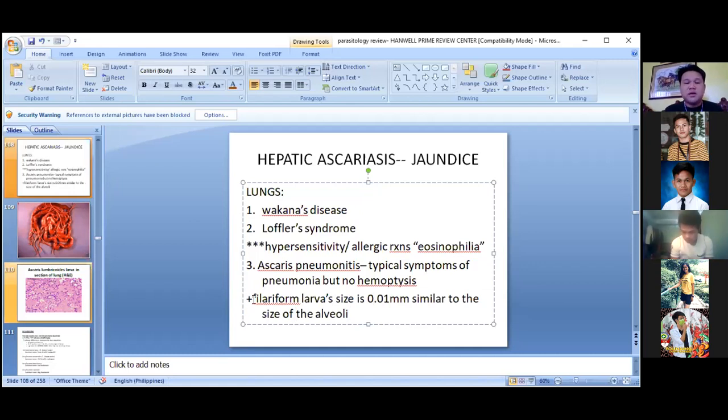Please remember that there is no hemoptysis, or coughing out of blood, because the filariform larva, which is the culprit for larva migration, has a size of 0.01 millimeter, which is similar to the size of your alveoli. What is the alveoli? The alveoli is the air sac, the basic structural unit of your lungs. So it can freely move in and out of your alveoli. Labas-pasok lang siya sa alveoli na hindi nagkakaroon ng pagdurugo. Naintindihan? Yan yung rason kung bakit walang hemoptysis. Okay na tayo?